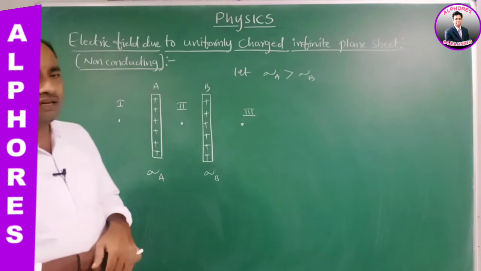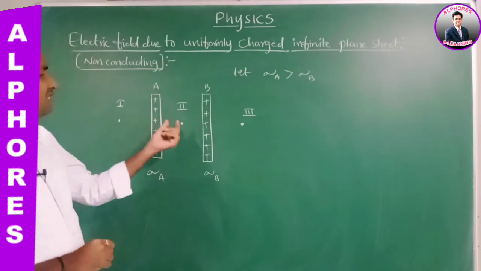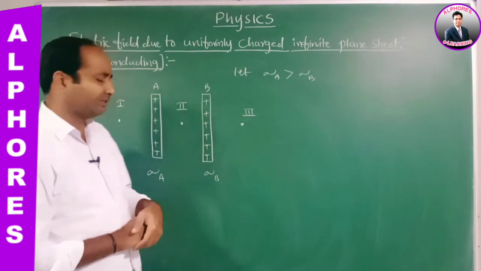Let us take this as region 1, this between the plates as region 2, and this as region 3. Now what is the electric field intensity in region 1, region 2, and region 3?